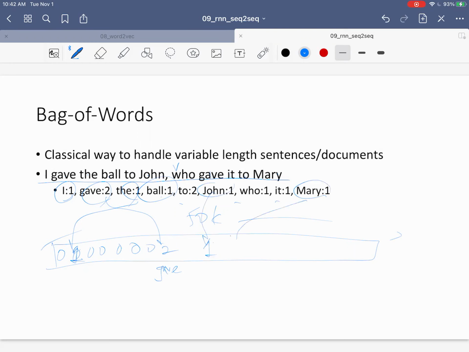Mary comes after. Basically something like this. So there's 1, 2, 3, 4, 5, 6, 7, 8, 9 words in the sentence, and out of 50,000 words in the entire English dictionary, only 9 components would be non-zero, and everything else would be 0. So that's one way to do it.